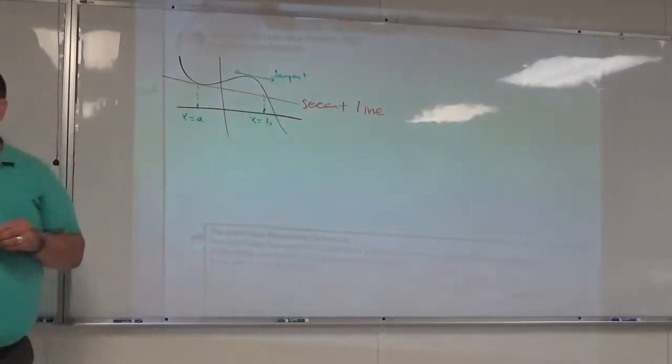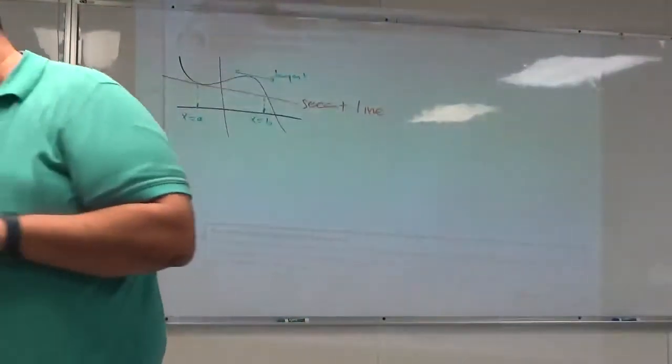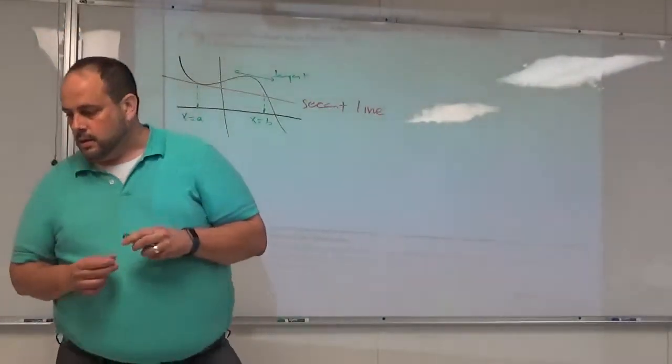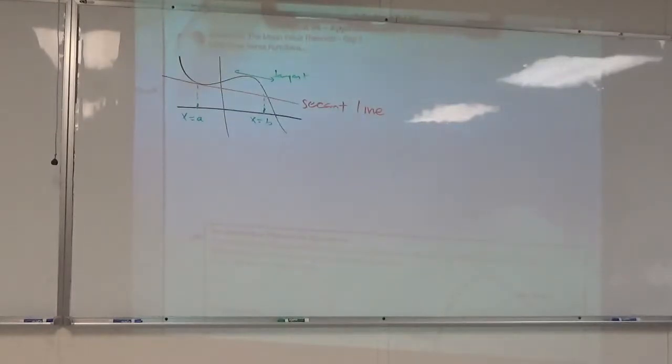Okay, look at your graphs again. How many of you have a place on your graph where the tangent line is parallel to the secant line? Jackie's got a place. Delia seems to have a place. Abraham seems to have a place. Carlos has got a place.